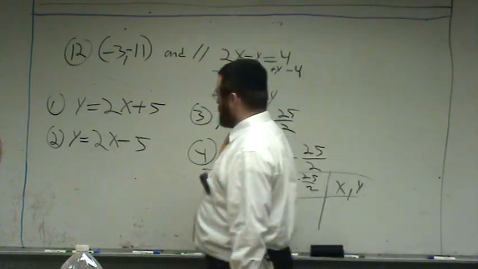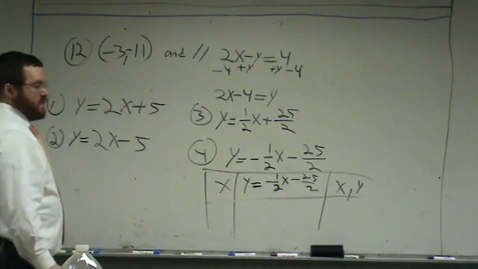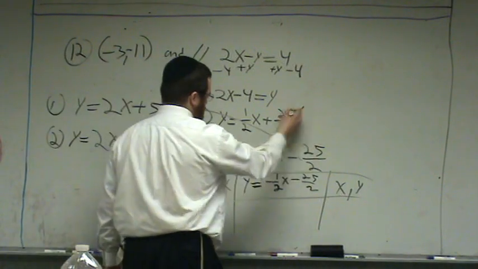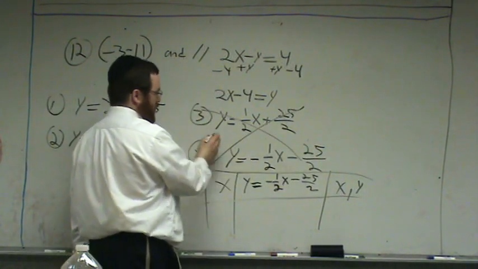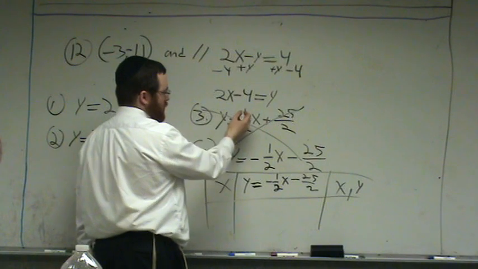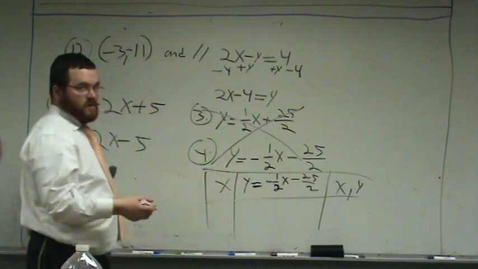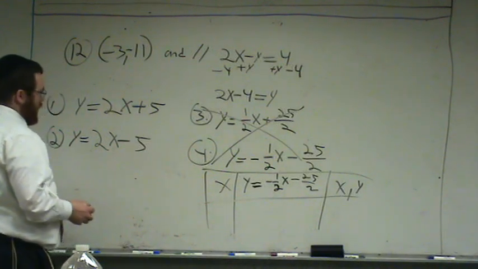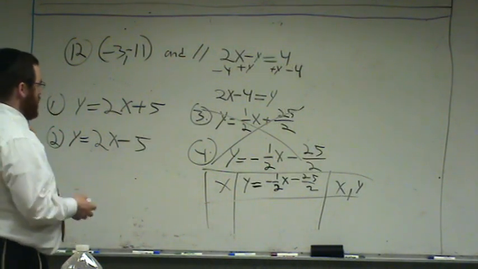So these two answers are wrong, because first of all, 4 is perpendicular, and 3, with a half of x, is neither perpendicular nor parallel; it will intersect. So it's either answer 1 or 2.